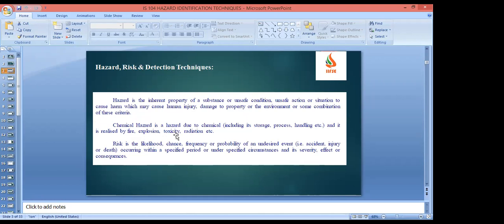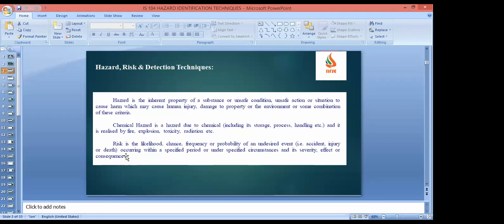A chemical hazard is a hazard due to the chemical including storage, process, handling, and it is realized by fire, explosion, toxicity, and radiation. The hazards may be during handling, storage, process, and also preserving, and they will result in fire accident, explosion, toxicity, or radiation.